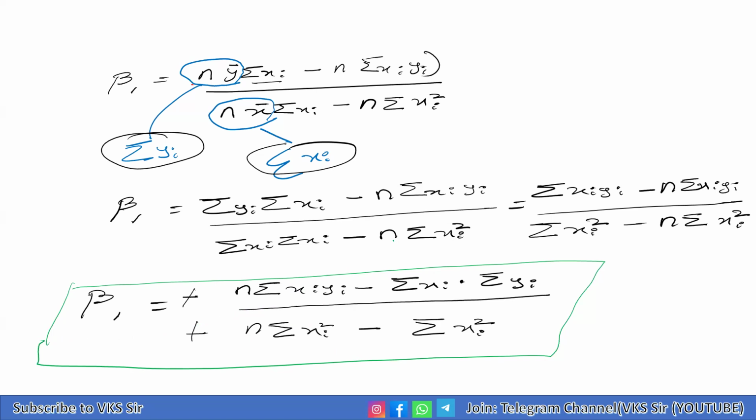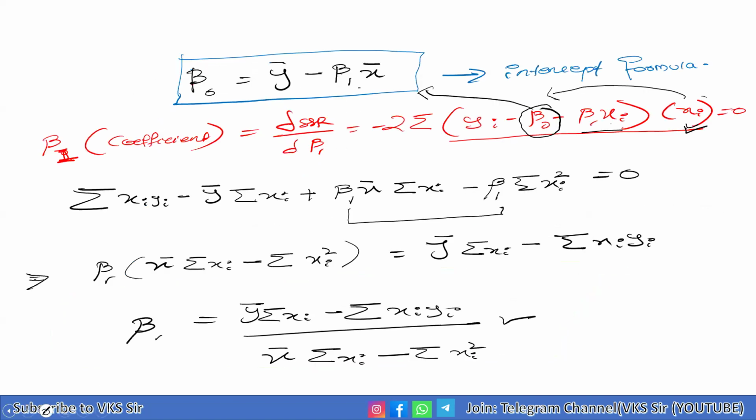As we implemented using Python and found the intercept and coefficient values, the mathematics behind that code is this equation and the next equation. You have to remember these two formulas, and hence I proved how we get them.